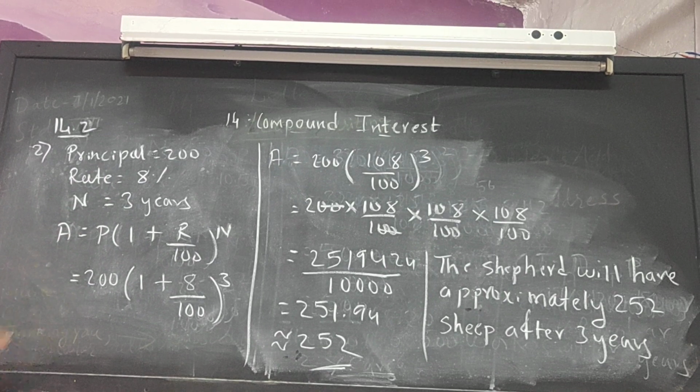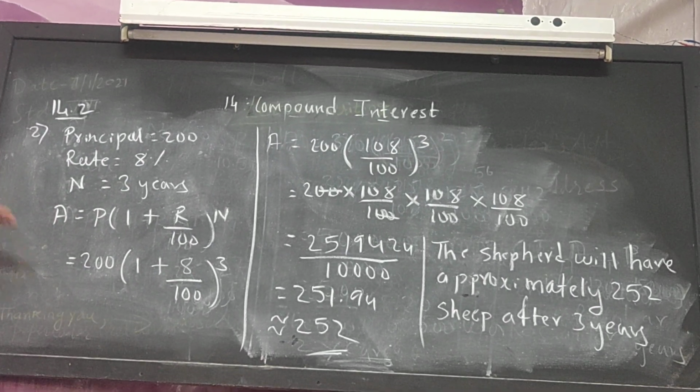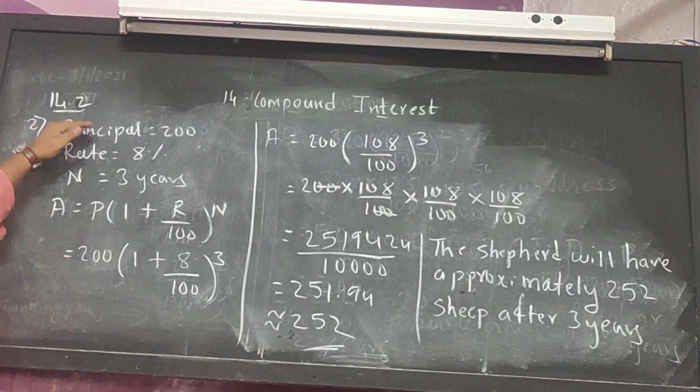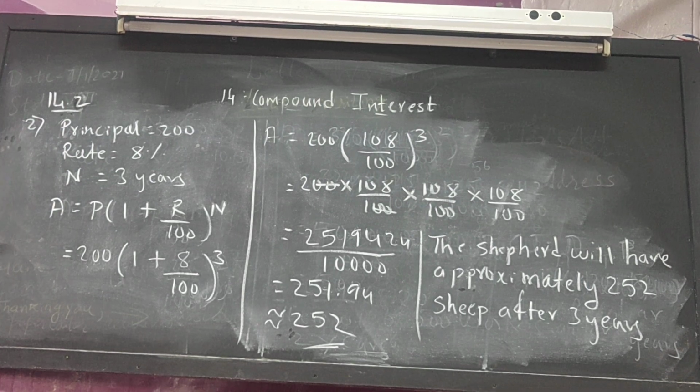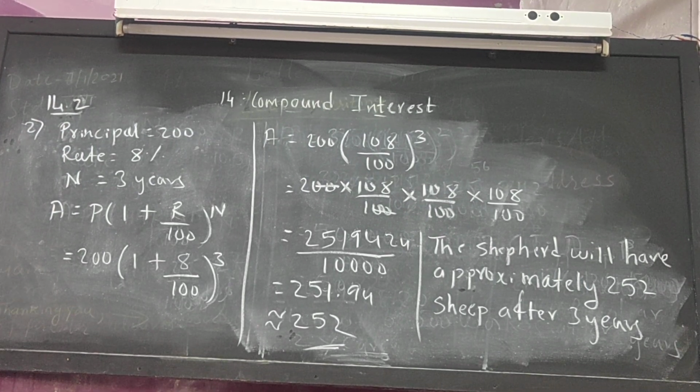So we will stop here, students. We have just completed exercise 14.1 and 14.2. We had done 2 sums. So this is all homework for you. We will solve it properly and we will send it. Is it clear, everyone?